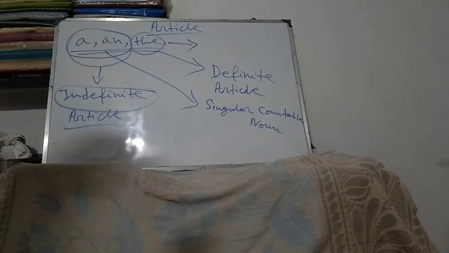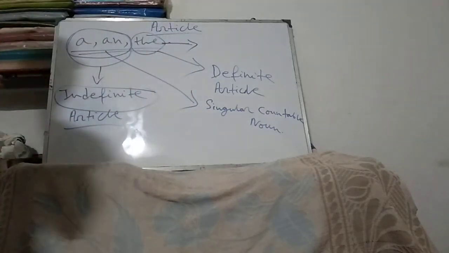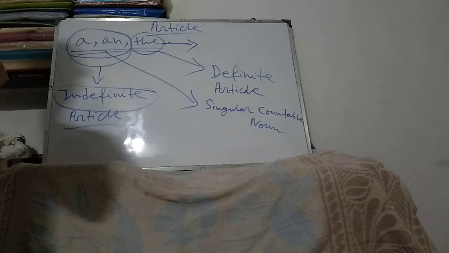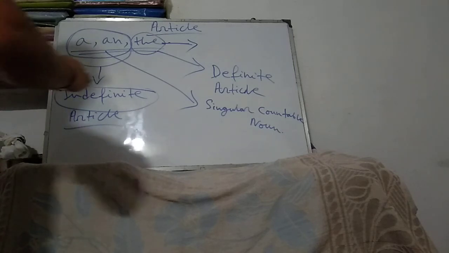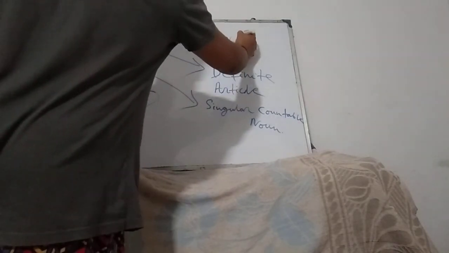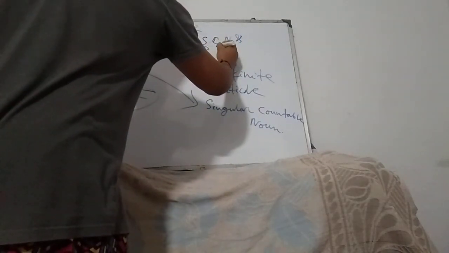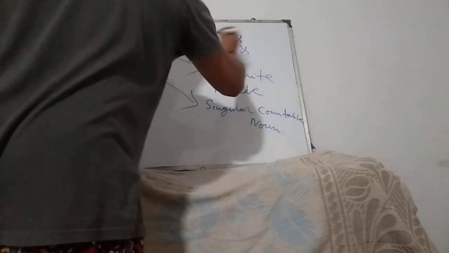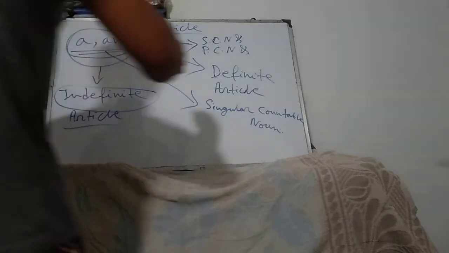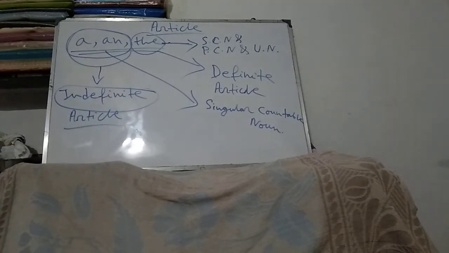Any singular countable noun is preceded by a or an according to special use. But the can be used before a singular countable noun and plural countable noun and also uncountable noun. That means the can be used before both countable and uncountable noun.